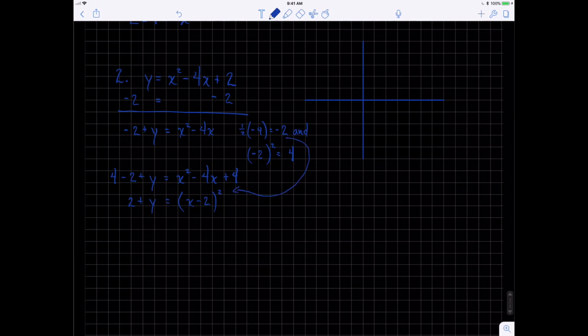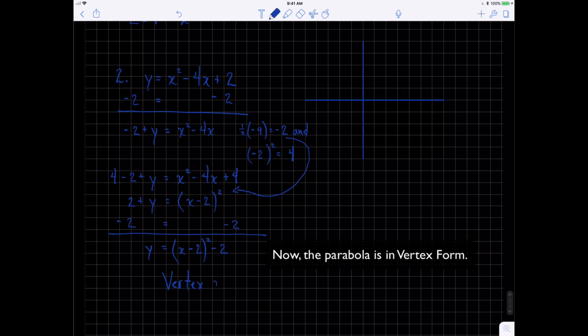And then I subtract the 2 from both sides. I have y equals x minus 2 squared minus 2. So I have a vertex at 2 comma negative 2.